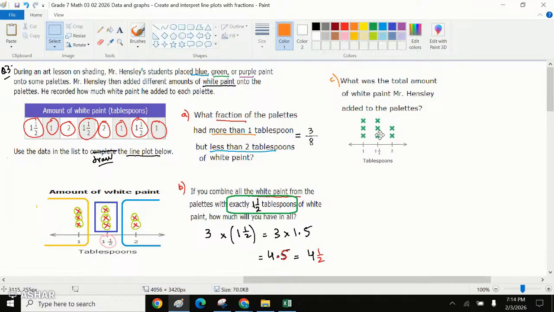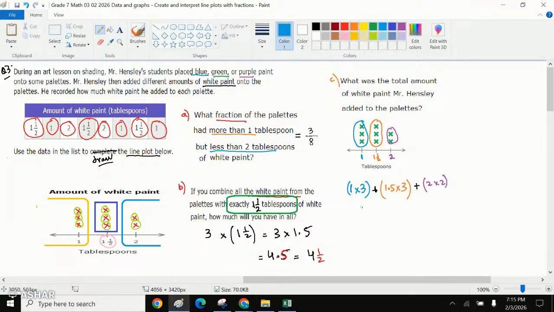If this was the given information, 1 tablespoon was used these many times, right? So 1 tablespoon was used 3 times, plus 1.5, 1 whole 1/2. That means 1.5 tablespoons were used 3 times. Agreed? Plus 2 tablespoons were used twice.